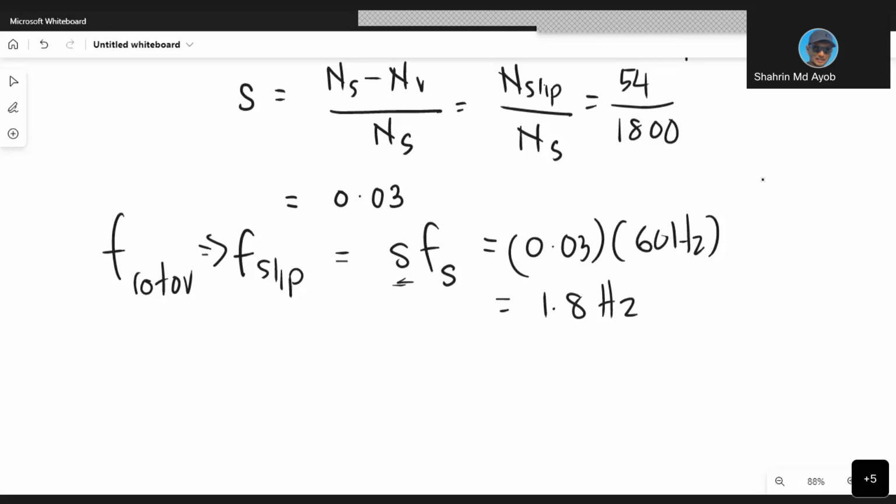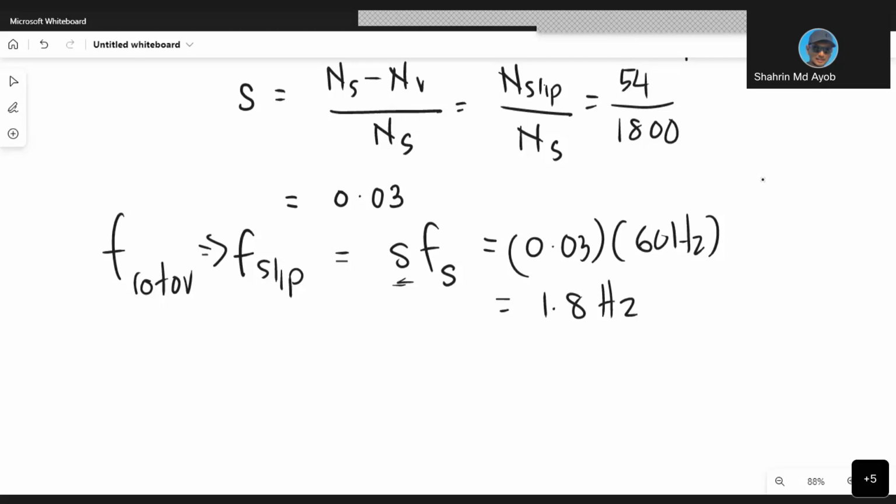Okay, so meaning that inside one induction motor, you have different frequencies. At the stator, you have frequency supply, and at the rotor, you have frequency rotor, which depends on the slip values. That's why, sebab apa?